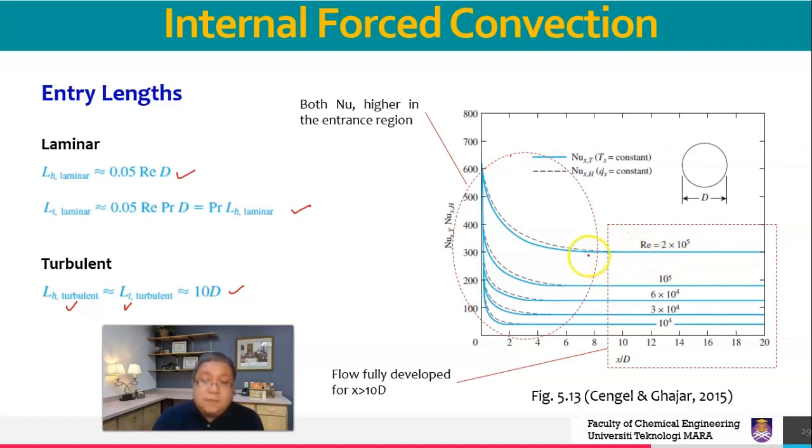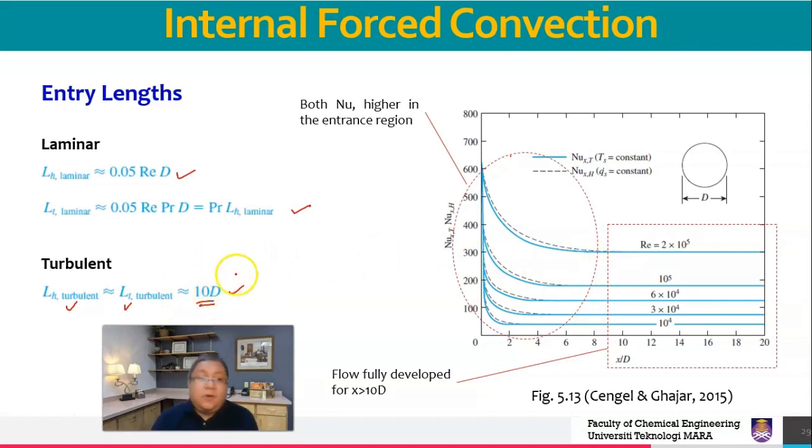If we look at other Reynolds numbers, they already achieve the fully developed region even before 10D, maybe at 8D or 6D, and this one is even fully developed at 2D. But for this case, the maximum one would be this one. So that is why we end up with this formula. Once it reaches this for that particular Reynolds number, the others will already be at that point as well. So that's why it ended up with 10D.